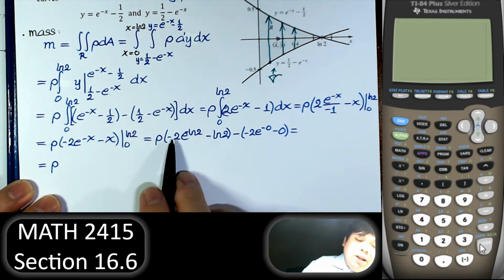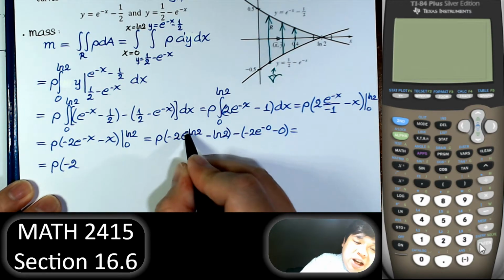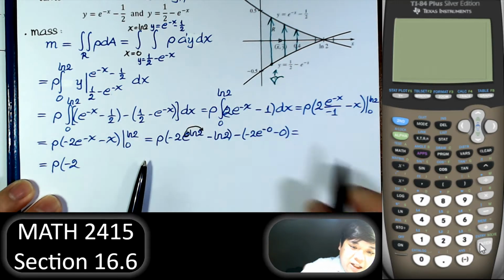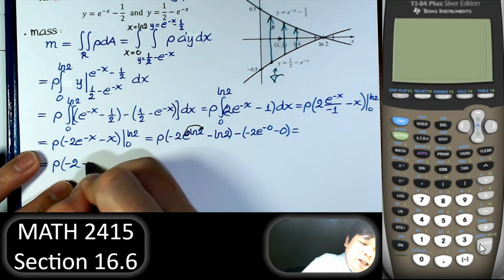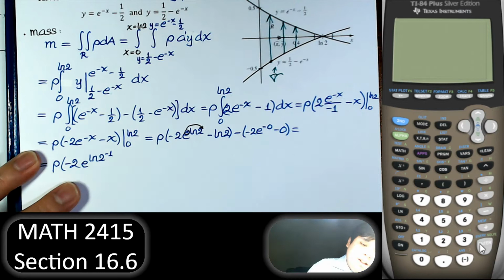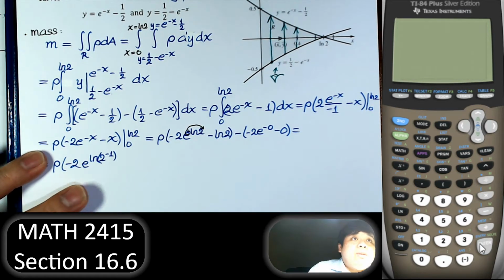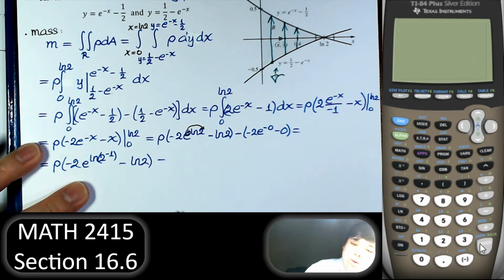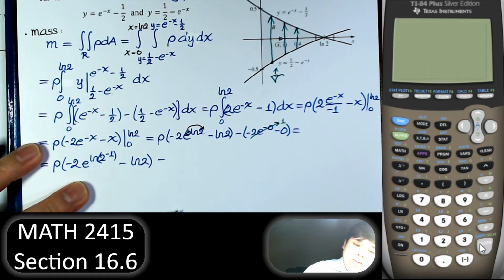I take the negative inside the exponent, so I have negative 2 times e to the ln 2 to the negative 1, minus ln of 2. And e to the 0 power is 1, so minus negative 2 is plus 2.